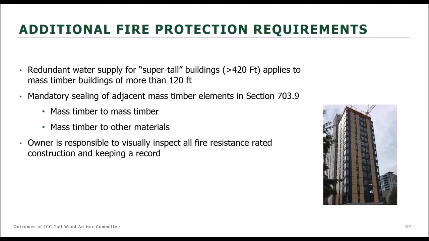They're going to be able to receive from the owner, and it is a responsibility of the owner to maintain the fire resistance. They're going to be able to ask for that documentation, inspect any areas that perhaps were damaged or not protected.